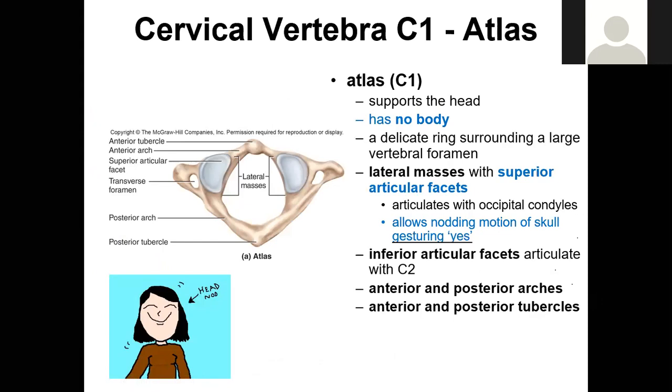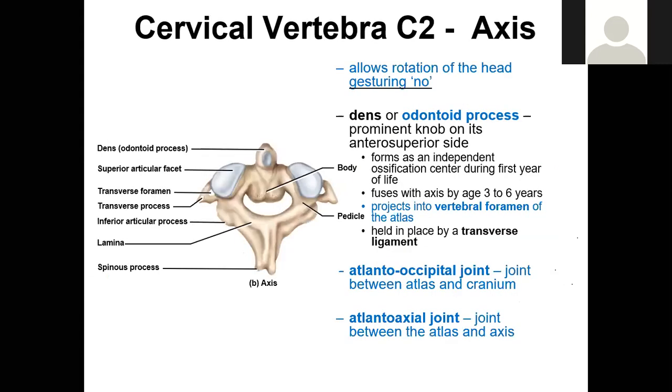The up and down flexion and extension is the job of the atlas, other than holding the head up, which is a pretty darn important job. So we have atlas. C2 is axis.